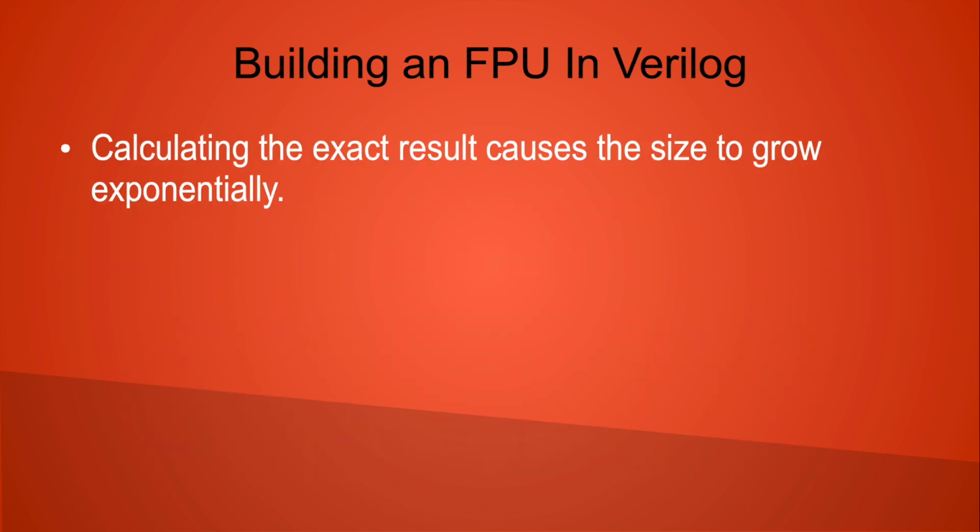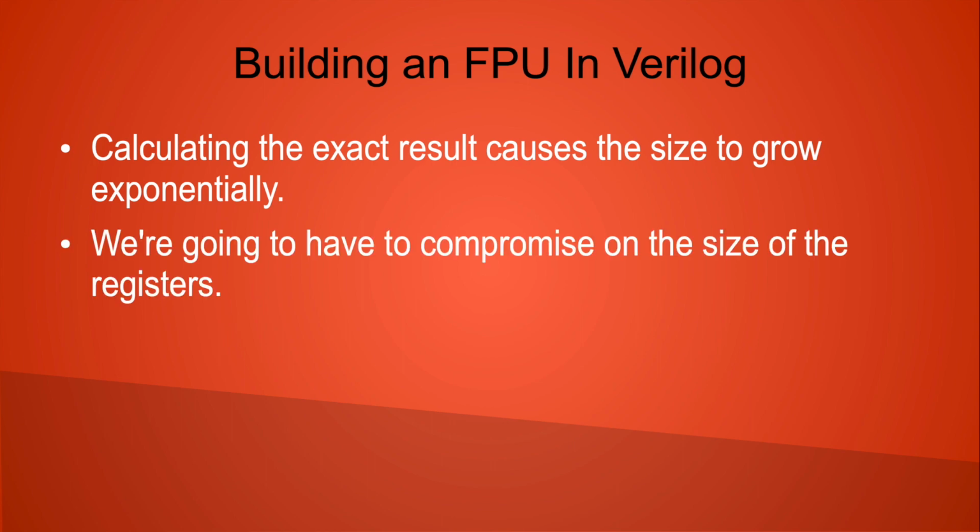You can see that allocating space to exactly represent the significands quickly gets out of hand. We're going to have to select a much smaller form to hold the internal augend, addend, and sum significand values. This is going to involve compromise. We're not going to be able to compute the exact value for the sum's intermediate significand value.